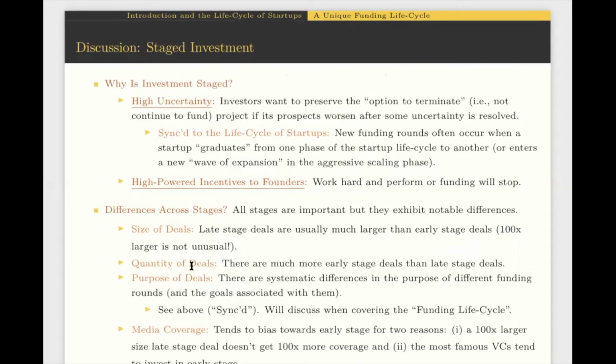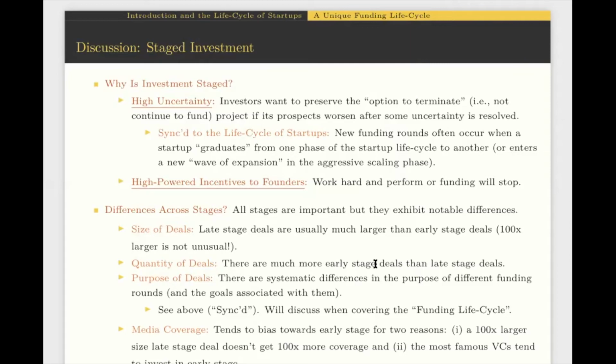In terms of quantity of deals, it's the reverse. There are many more early stage funding deals than late stage deals. One of the reasons for that is there's a lot of early stage funding into startups where the startup doesn't successfully navigate and resolve the uncertainty that the given funding round is meant to help them solve, right?